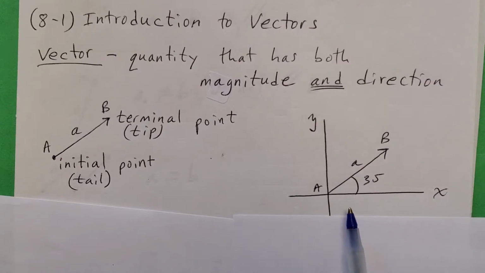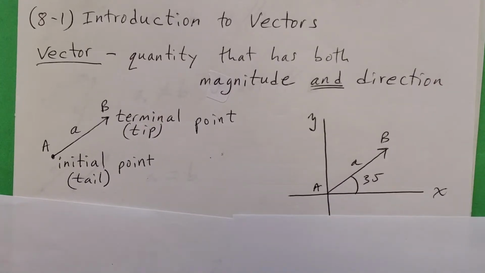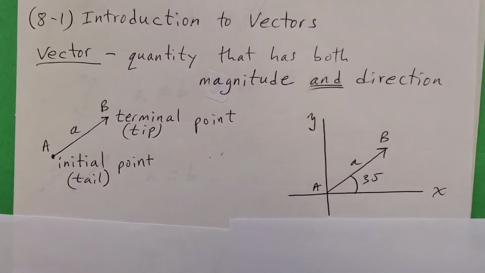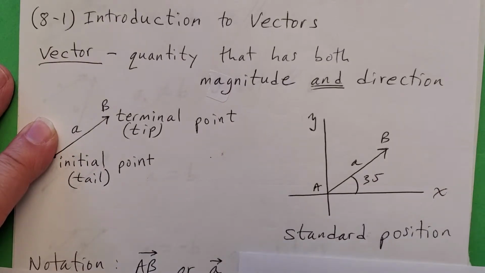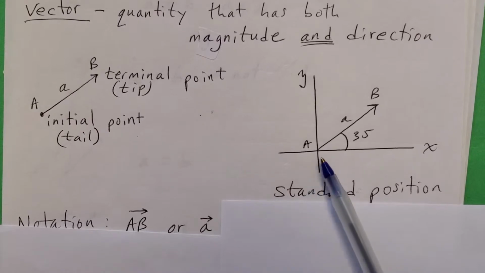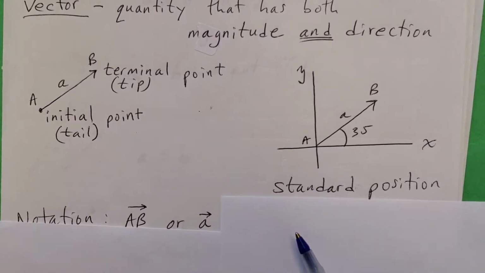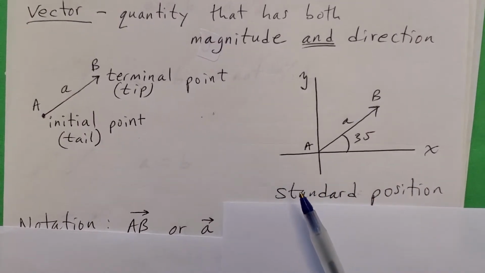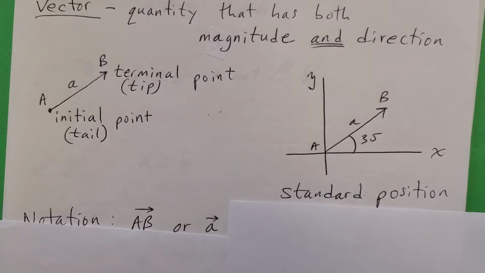So for example, this vector happens to be going 35 degrees. Okay, so just a way of labeling it. We say that the vector is in standard position. So if your vector starts at 0, 0, that's standard position. It can start anywhere, but it's very convenient if it starts in the standard position.